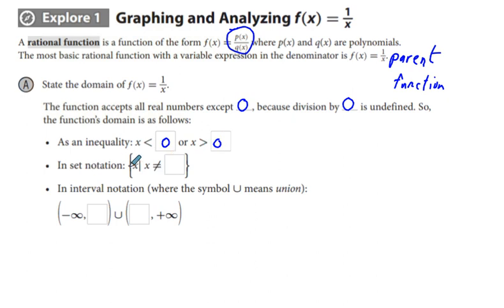In set notation, x such that x cannot equal 0. In interval notation, where the symbol U means union, we have negative infinity to 0, union, 0 to positive infinity.